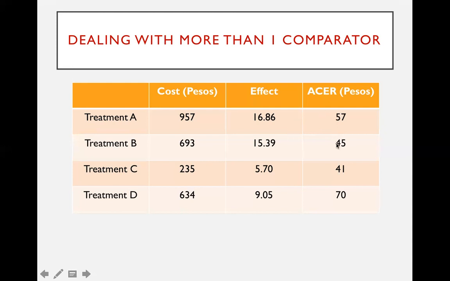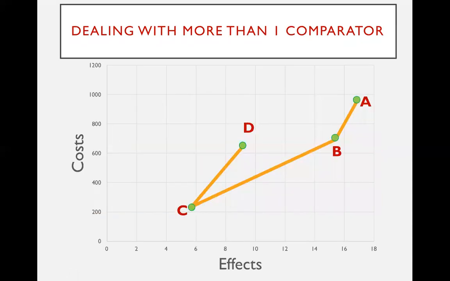But we won't stop at computing their ACER. We won't make a decision based on their ACER alone. What we will do is plot the cost per effect, or the ACER, for each of those drugs on a plane. If we're dealing with more than one comparator and we're trying to get the ICER, we can plot them in this graph. When we plot the ACER of these drugs, this is the ACER of drug A, ACER of drug B, ACER of drug C, and drug D. And then we connect them with lines.